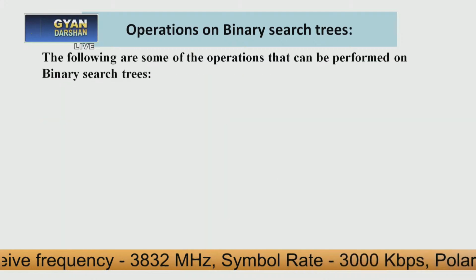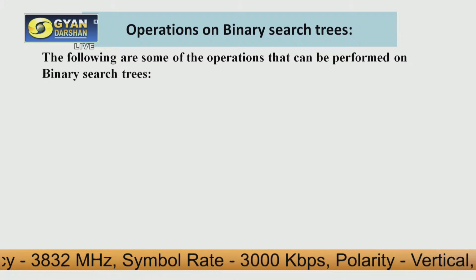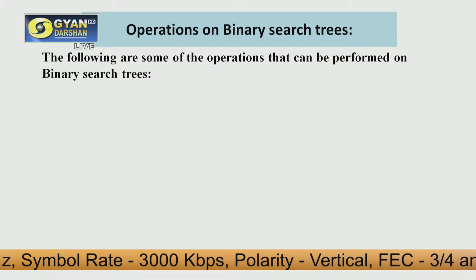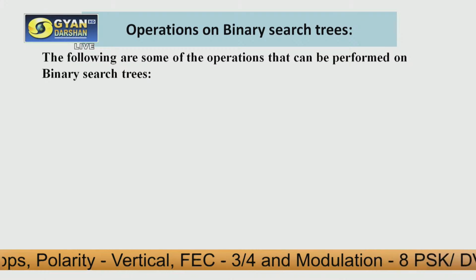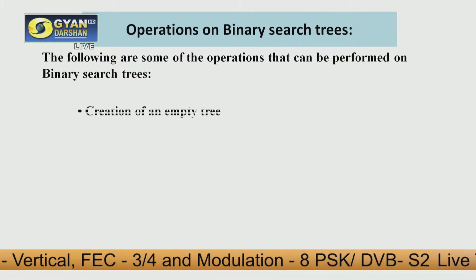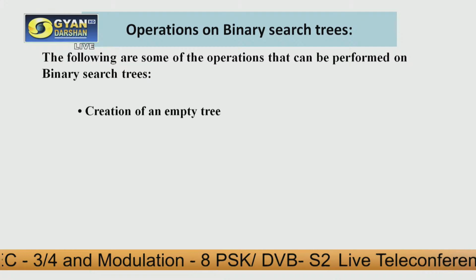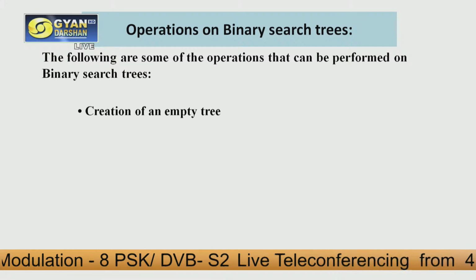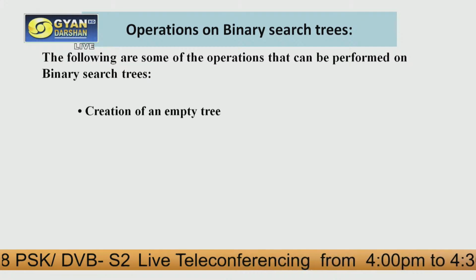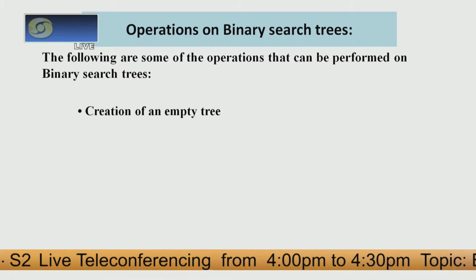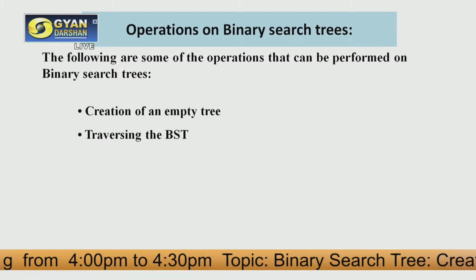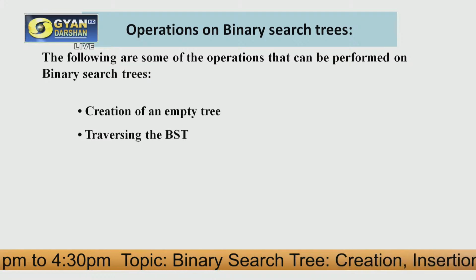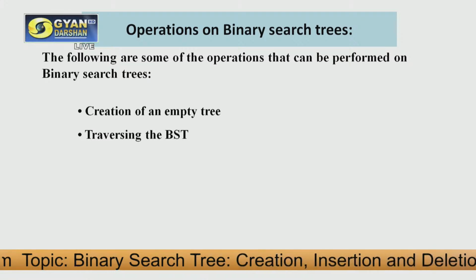Now, apart from the creation of BST, what other operations can be performed on a binary search tree? A few of the operations are mentioned here. Creation of a BST from empty, which we have already seen. Then the next operation is traversing the BST.